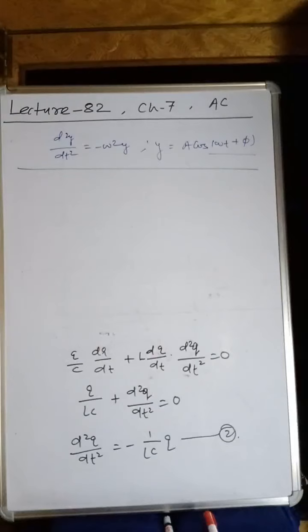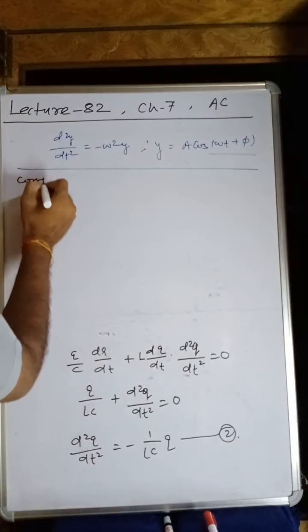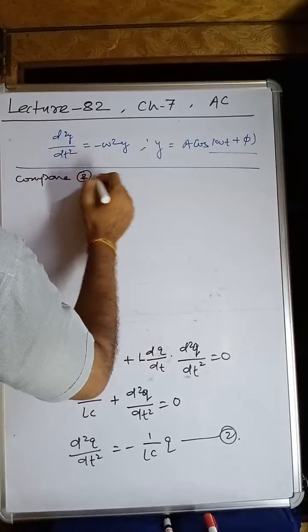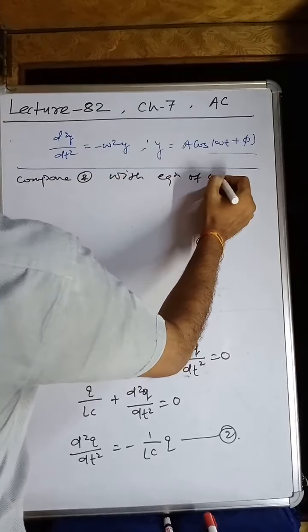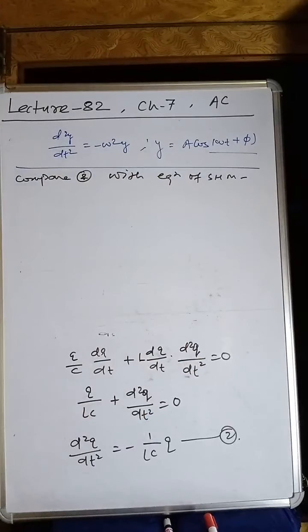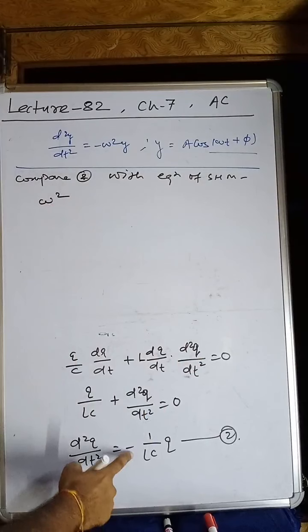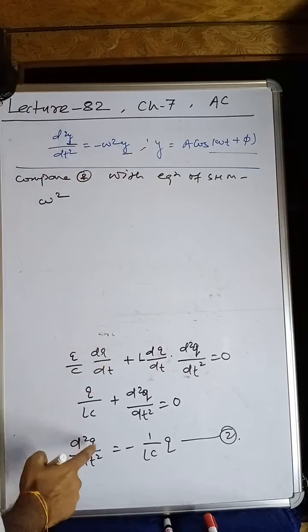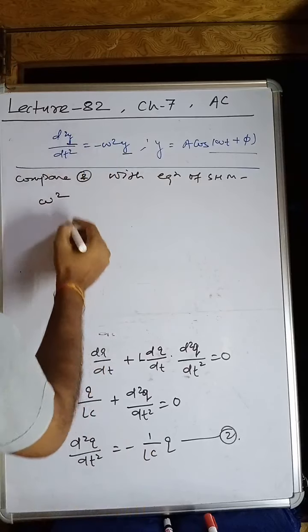So, look here carefully, my dear students. If we compare equation 2 with the equation of SHM, here the function Q corresponds to y, so 1 by LC will be equal to omega square.